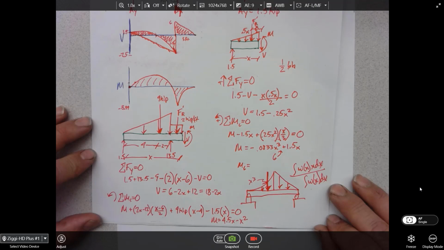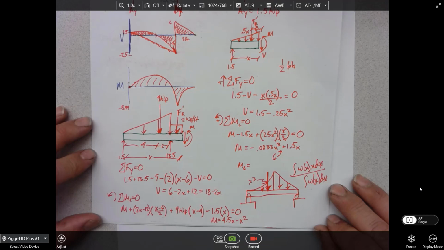So I did a hybrid there. Let's finish the problem using equations. So let's draw our second region free body diagram, which is going to look like this, where I have 13.5 up here, 1.5 up there, distributed load like this, and then distributed load like that.